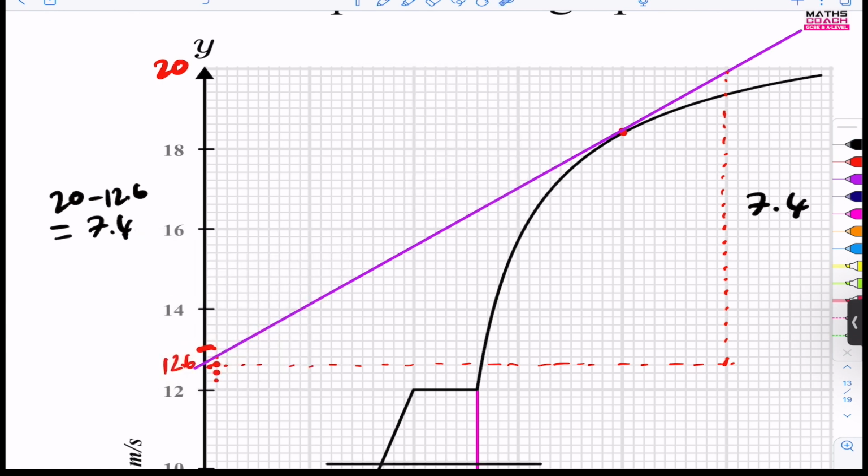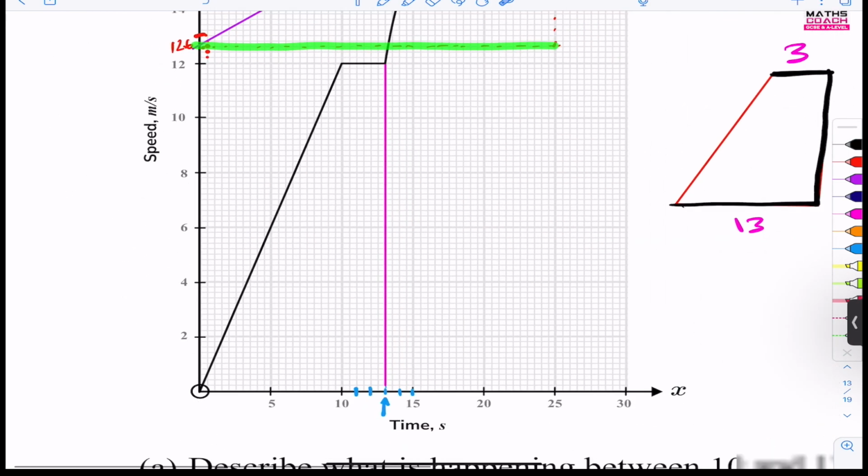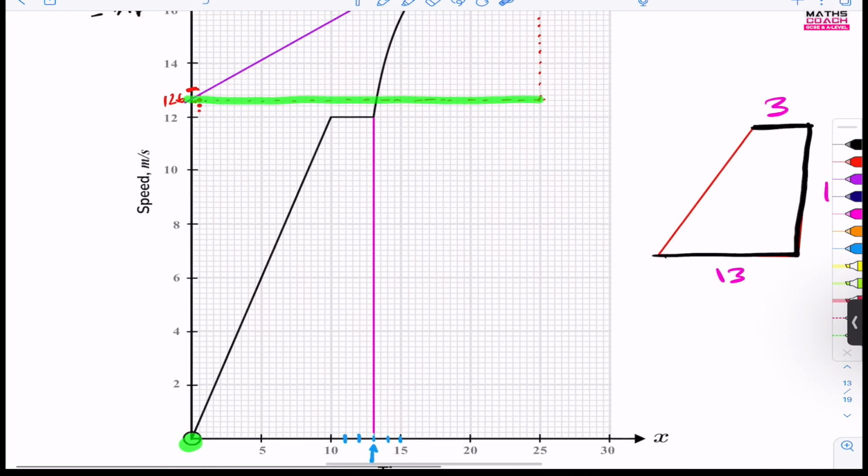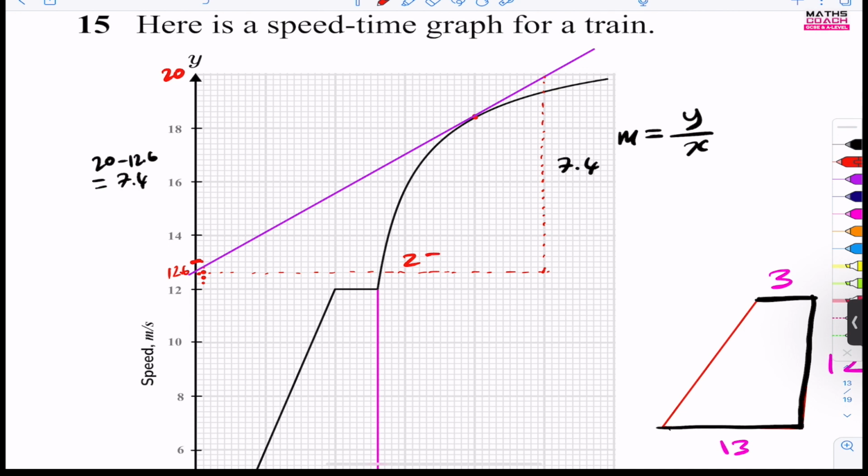And we'll do the same thing for the x right there, okay? That's much easier to do because that will go from 0 here to 25. So that's just 25. And then we do 7.4 divided by 25, and that gives us 0.296.